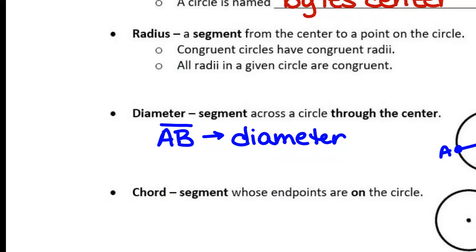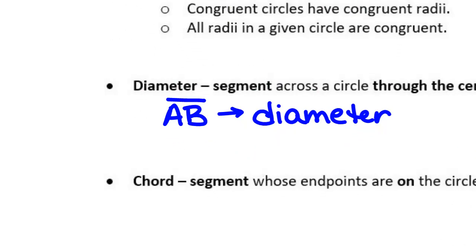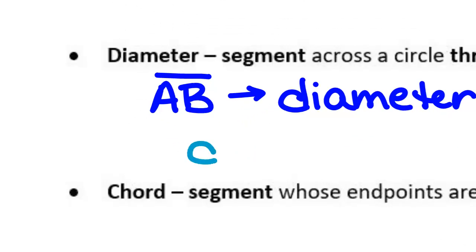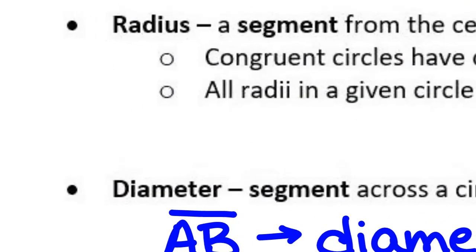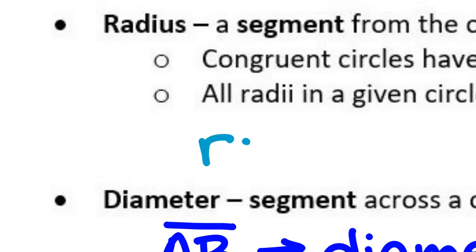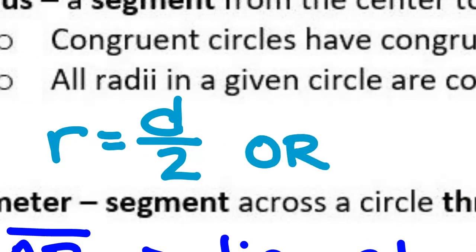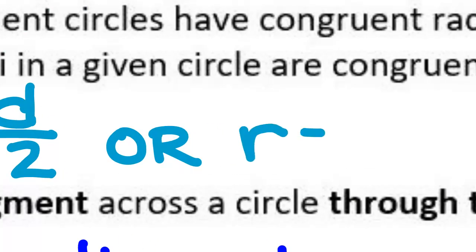Because it goes all the way through the circle and it goes through the center of the circle, so we have two segments that go from the center to the edge. There's one that goes from the center out to A, one that goes from the center out to B. So the diameter is equal to 2 times the radius. And the radius is equal to the diameter divided by 2, or you could write that as 1/2 diameter.